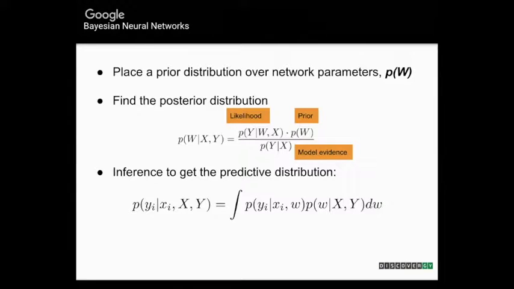The key idea there is that instead of having deterministic parameters for the network, we have a distribution over the network parameters. So you place a prior distribution over the network parameters, and then try to estimate the posterior distribution given the data. Once you have the posterior distribution, you can do the inference by marginalizing over all the possible parameter weights.